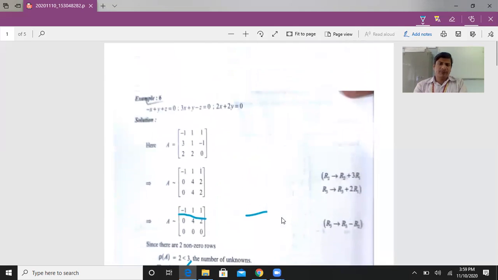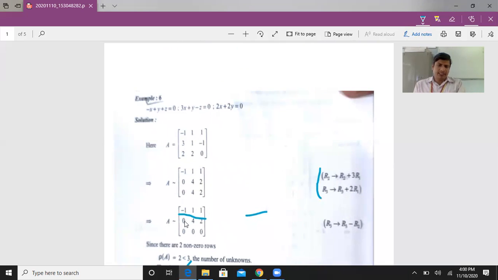Once again, I repeat this one. First, we take the 3 equations. I take the A matrix, the coefficients of x, y, and z, and do row operations to find the echelon form, using the row operations on R2 and R3.